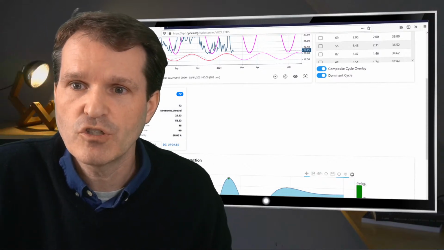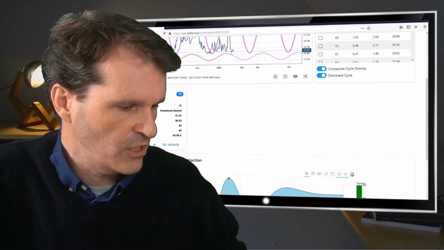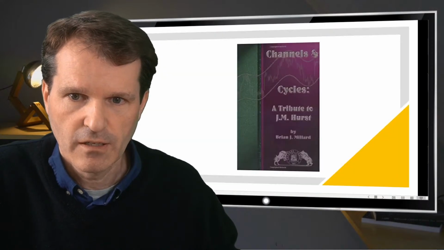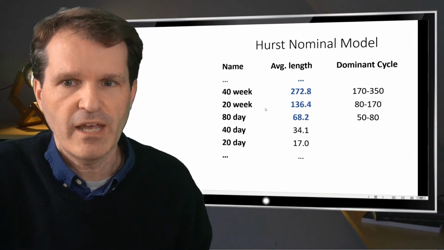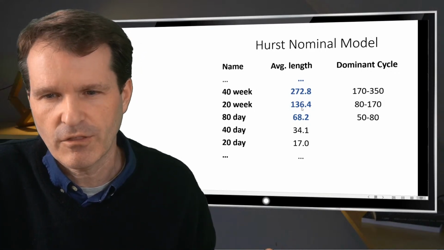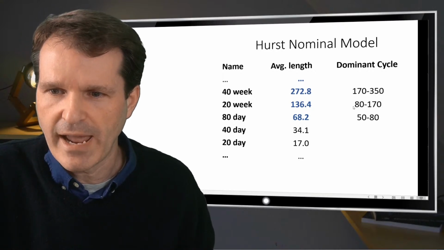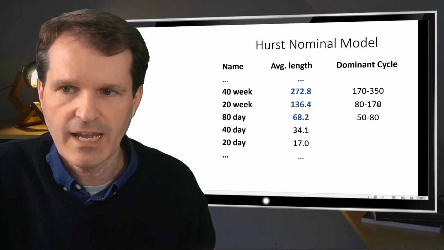So you would then also look for the next nominal cycle from Hurst, which is in the range of, I'm not a Hurst expert here, but it's the 20-week cycle, with an average length of 136 days. So therefore, I would choose a range of 80 to 170 days in this case.